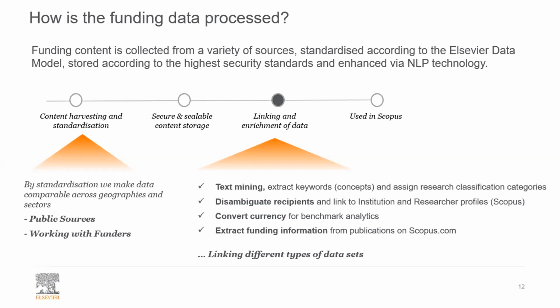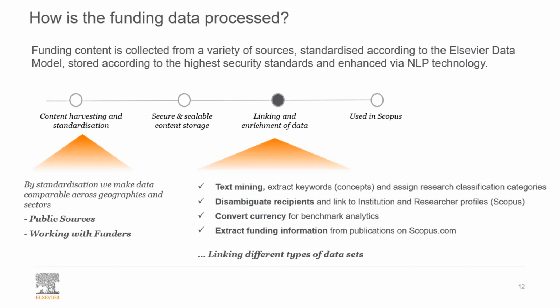And on top of this data that we collect from funders, from the public sources, we put additional value by enriching and linking this data. A couple of examples of additional enrichments we add on top of the collected data: we are extracting keywords, right? We are assigning classification categories to the funding data.